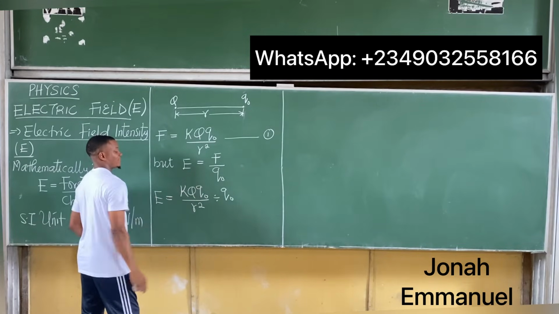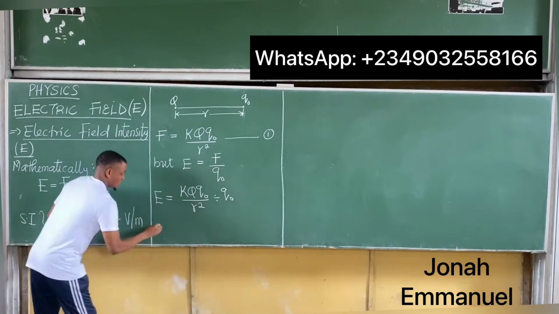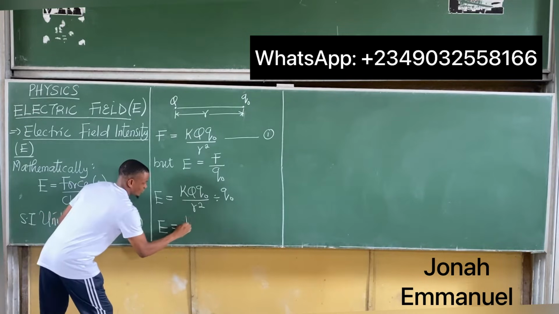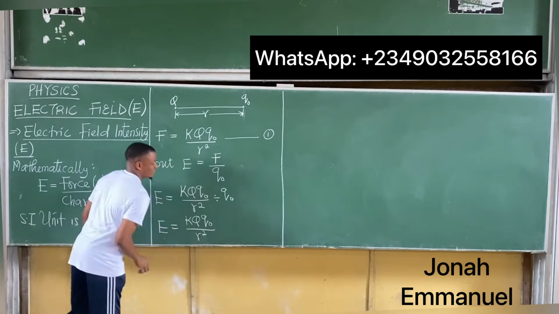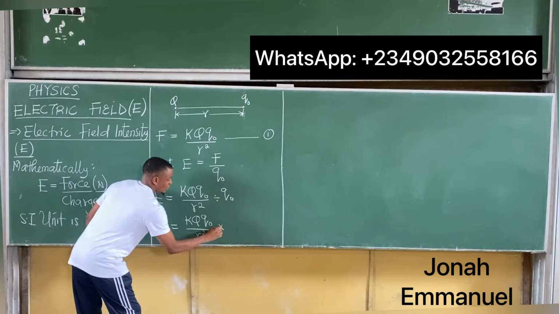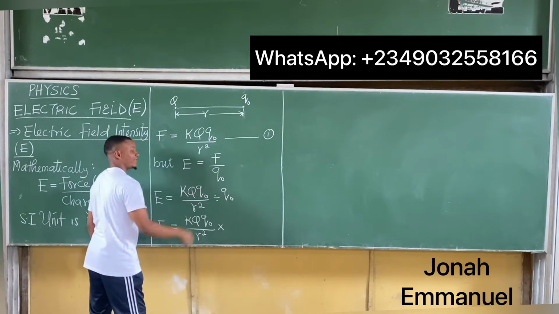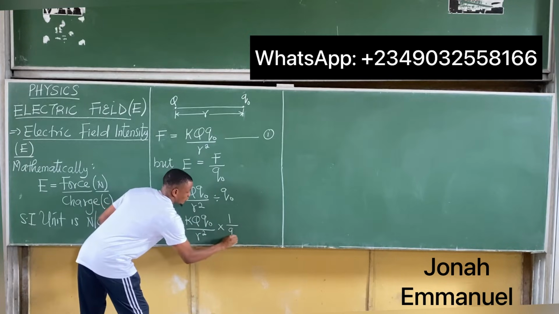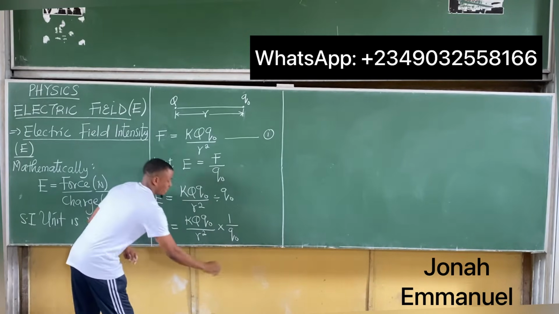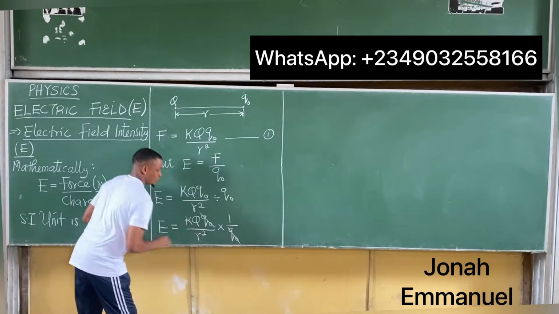To simplify this, E is equal to K Q Q naught all over R squared, divided by Q naught. We have to change the division to multiplication. For this one, I'll invert it, that's how I work on fractions. So it becomes 1 over Q naught. From here, this will cancel this.